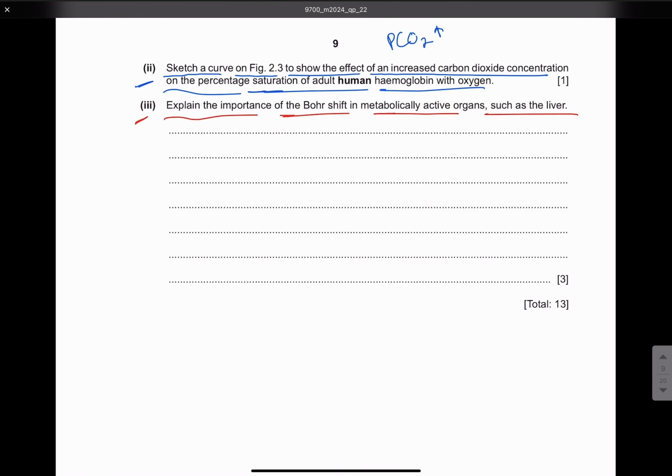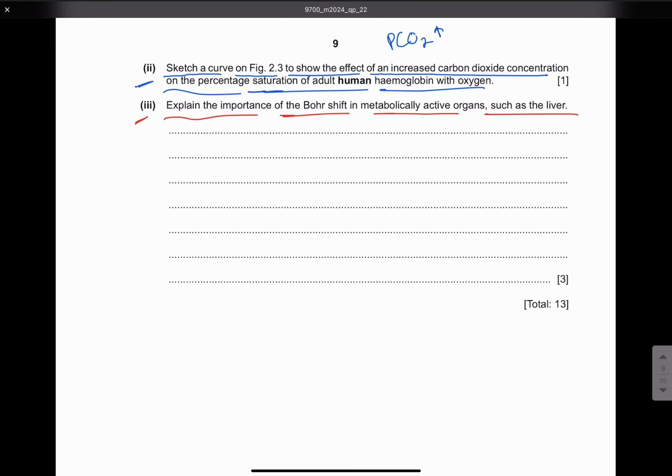So what is the importance of Bohr shift in metabolically active organs? The Bohr shift allows the release of oxygen from the hemoglobin, and this oxygen can then be used in respiration to generate ATP for metabolic reactions.